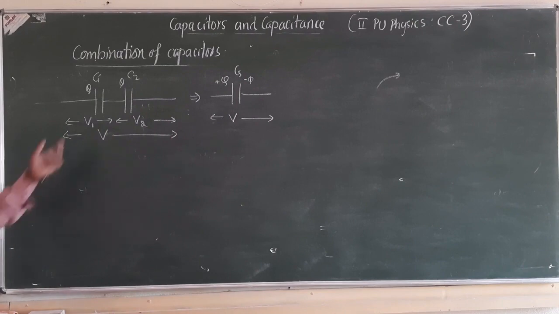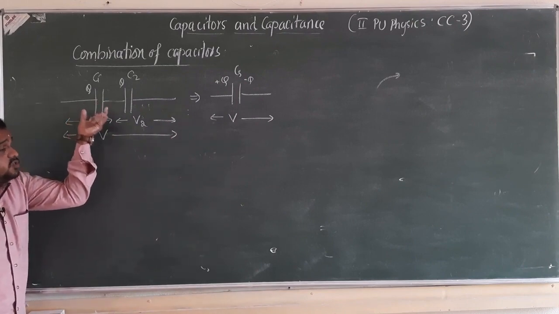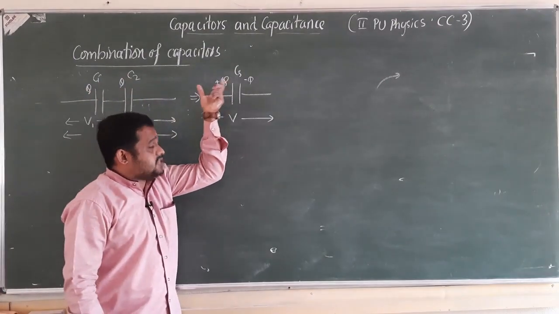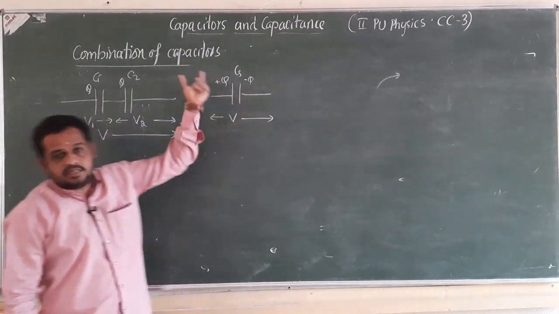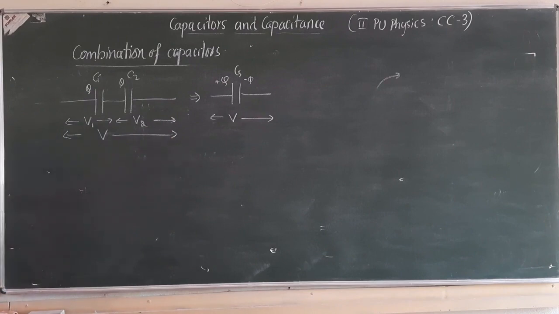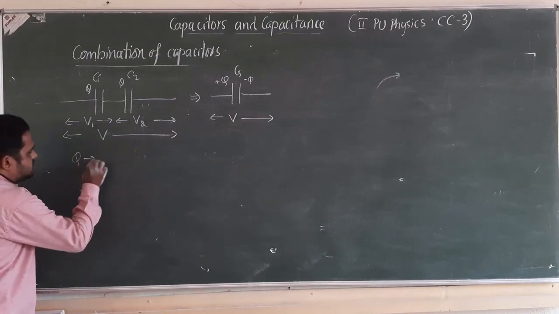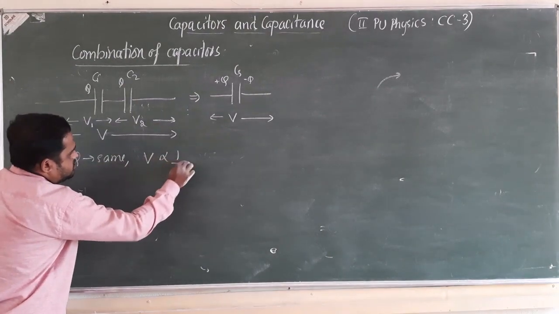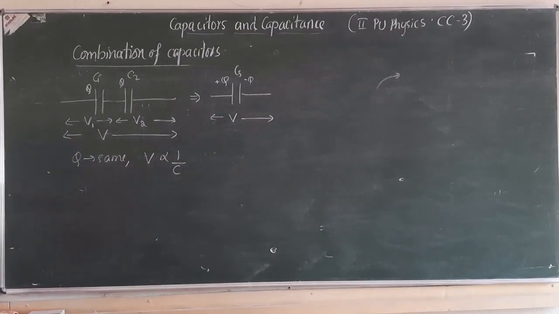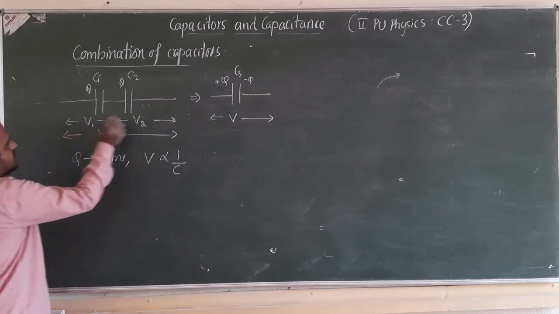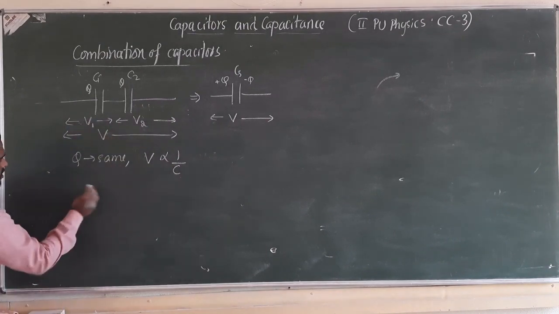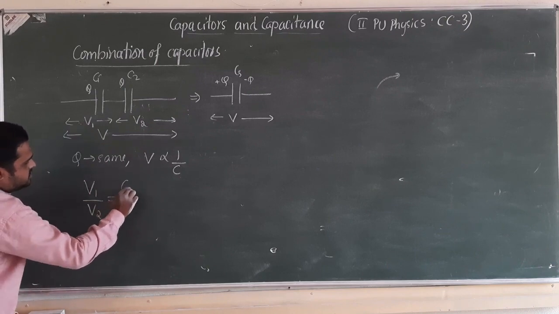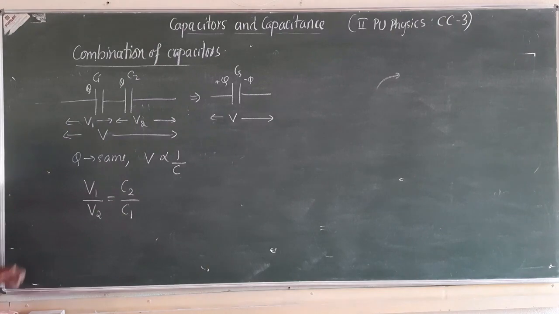In case of series combination, the charge stored in each capacitor is the same, equal to Q, and the charge stored in the equivalent capacitor is also the same value. Since Q is the same for each capacitor, V is inversely proportional to C. Therefore, the ratio V1 divided by V2 will be C2 divided by C1.